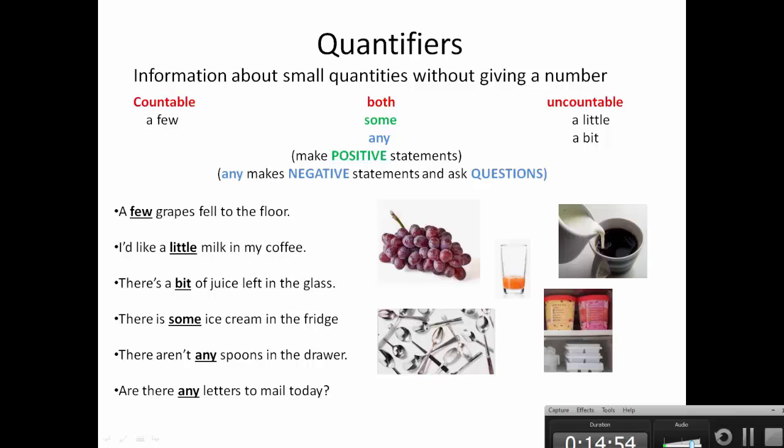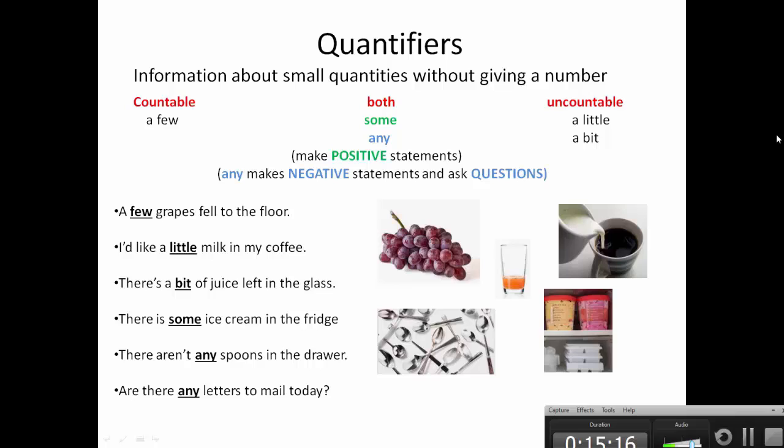If we use the word some, it is a positive statement. If we use any, we're making a negative statement. And any could also ask questions. If we are talking about uncountables, we can use a little and we can use a bit.